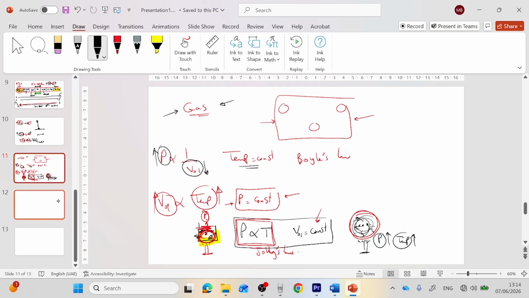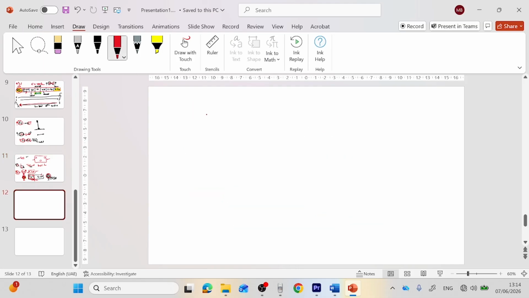But which scale are we using for the temperature in this formula? It's called the Kelvin scale. You know that we have the regular temperature scale, which is called degrees Celsius, in which water freezes at 0 degrees Celsius. This is also called the melting point of ice.